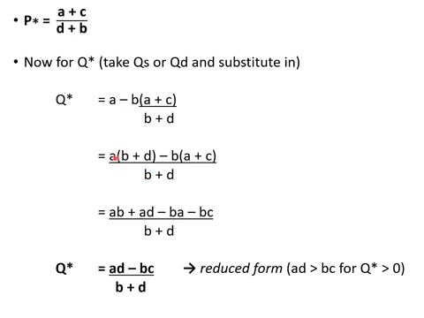So we multiply out this bracket, and we do the same for this bracket here, and we end up with this numerator here, and we can further simplify, and we end up with our expression for equilibrium quantity.